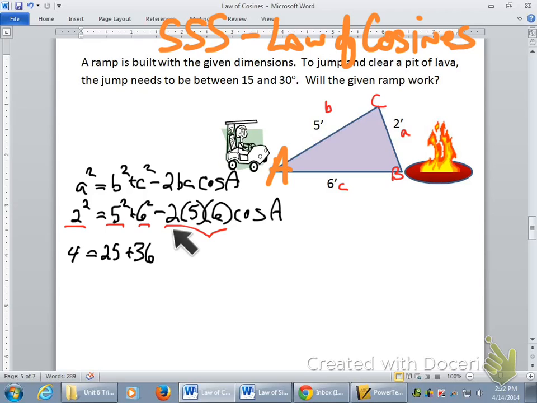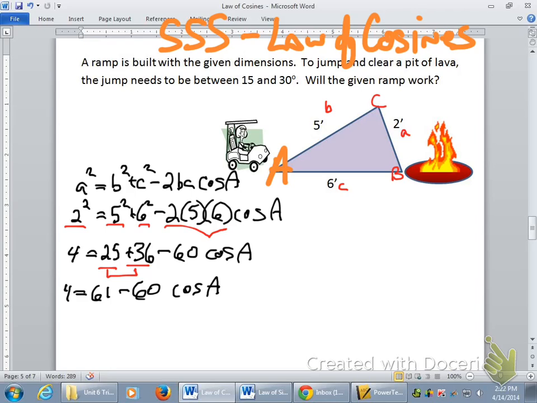And go ahead and give me 2 times 5 times 6. That's going to be minus 60 cosine of A. Now, most of you, I think, see like terms immediately. So I'll go ahead and put those together. Yes, I know I'm probably showing more work than you might. But that's going to give me 61 minus 60 cosine A.